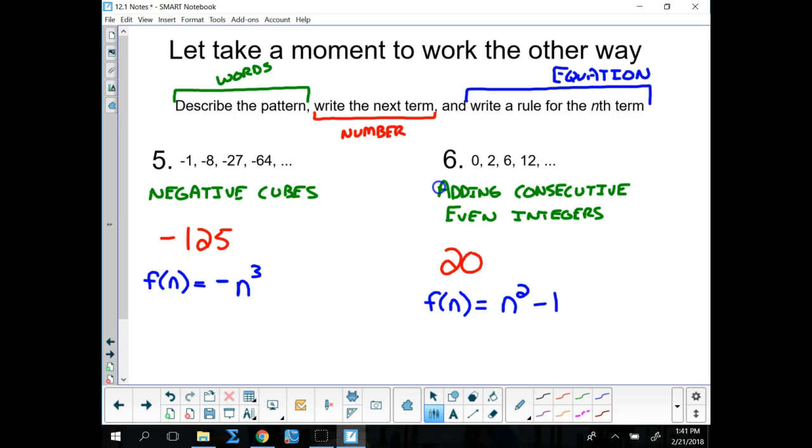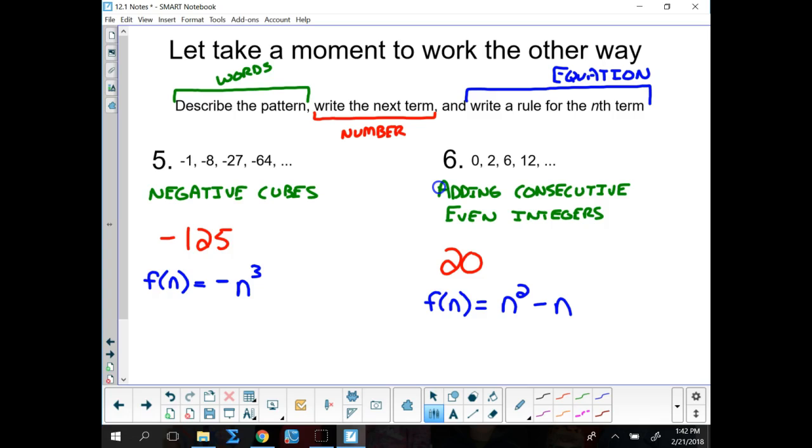Now let's go to my second term. 2 squared is 4 minus 1 is 3. But I need it to be 2. So let's change this 1 here to an n: n squared minus n. Now it fits. Let's go back and check it on the first one. 1 squared is 1, minus 1 is 0. Fits. Fits on the second one. 3 squared, minus 3, 6.